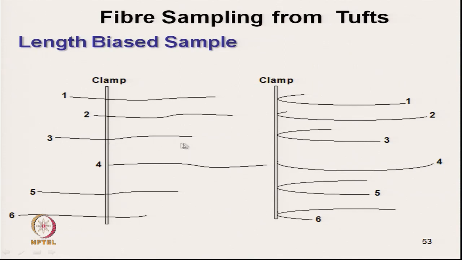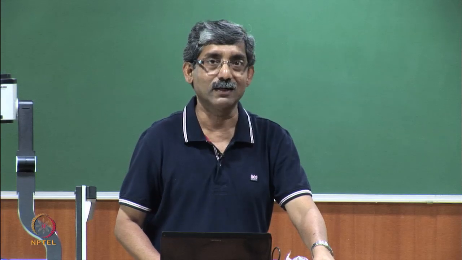The third one is almost at the center, but the right side is a little longer. The fourth one has been picked at the end point. The fifth one is almost at the center. Sixth one, right side is shorter, this one left side is smaller. In this way, all the fibers will be selected at certain points.